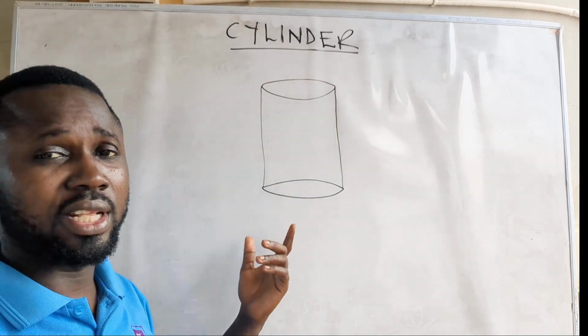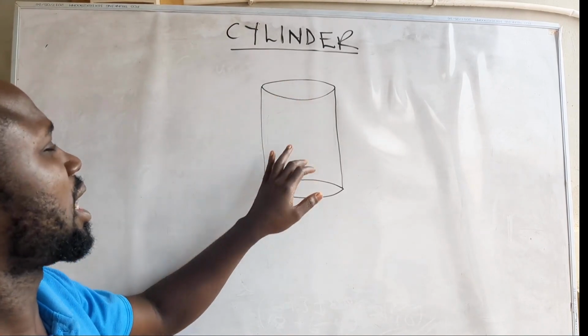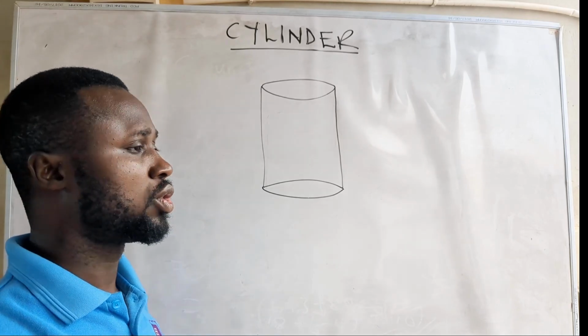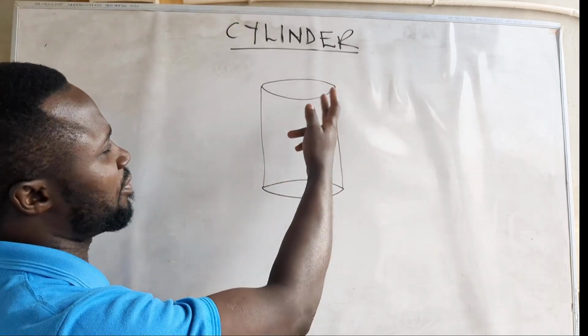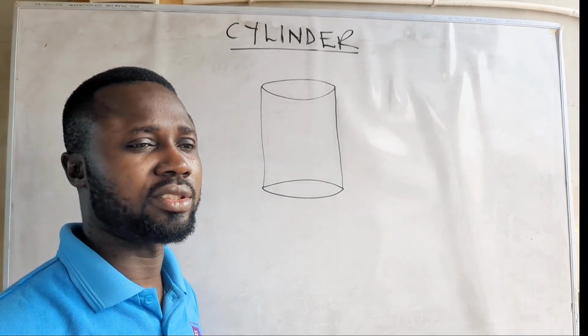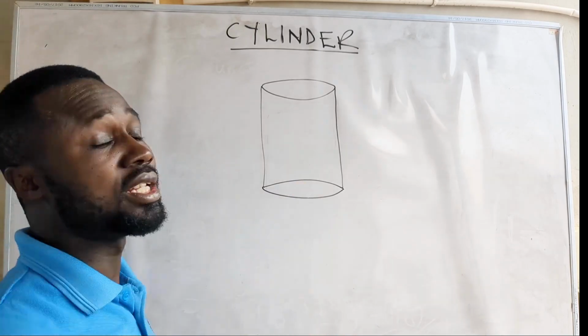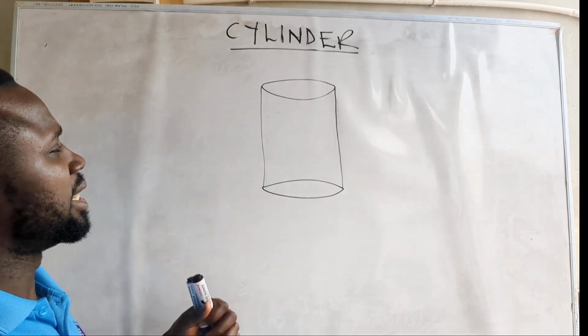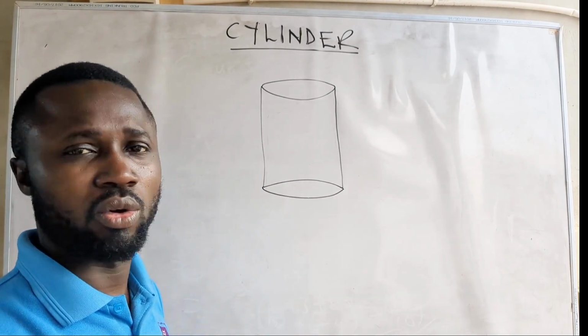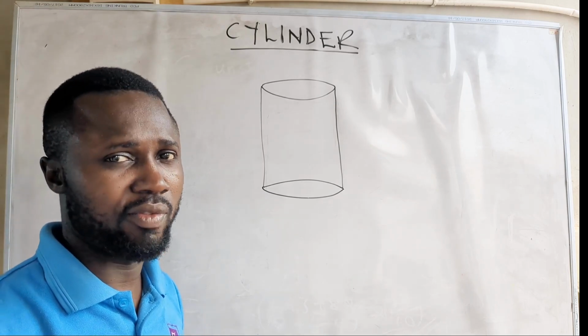We can also have a cylinder where both ends are open, or both ends are closed. First we look at the curved surface area, then the area of the cylinder when one side is closed, and then when both ends are closed. Then we also look at the volume of the cylinder.